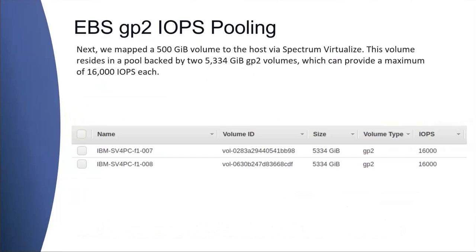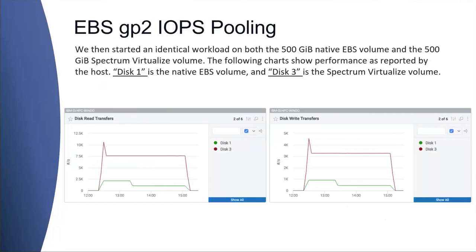In this case, it was 2 volumes a little over 5 terabytes that we threw in the same pool as the original 500 gig, 1500 IOPS volume that we're being throttled on. So here you go. Disk 1 is the green guy down the bottom, and disk 3 is the red guy. The 500 gig volume is the original native EBS volume, and the red disk, disk 3, is the pooled disk, or the vdisk from the pool of those 2 larger volumes that we put in there.